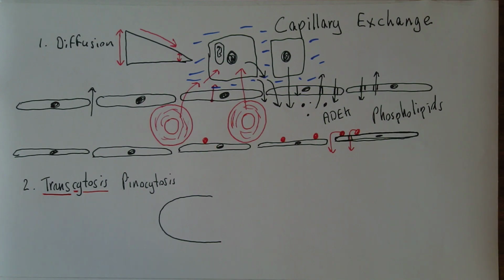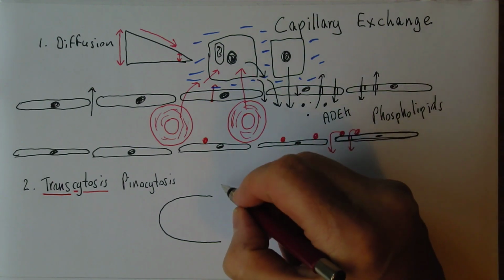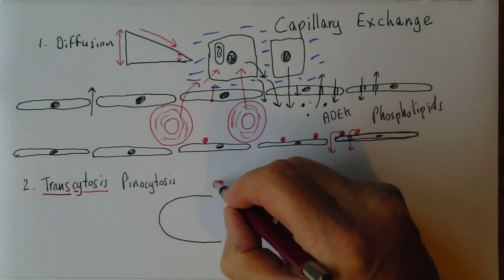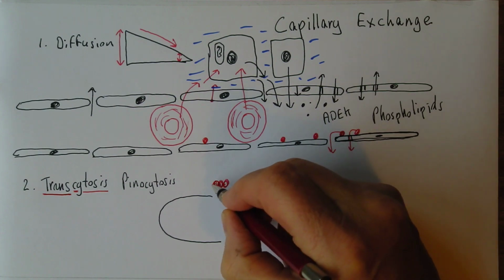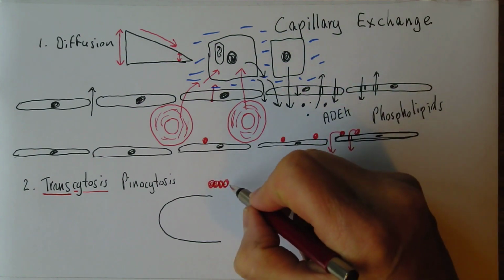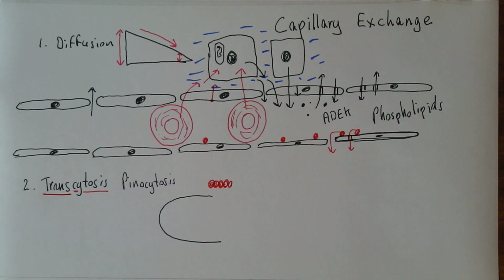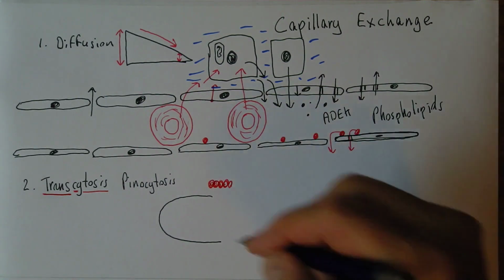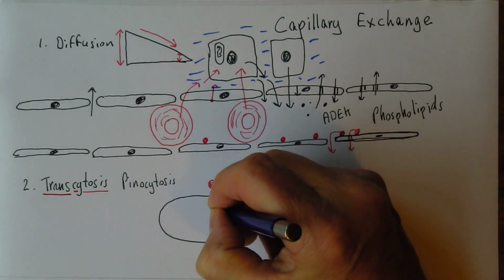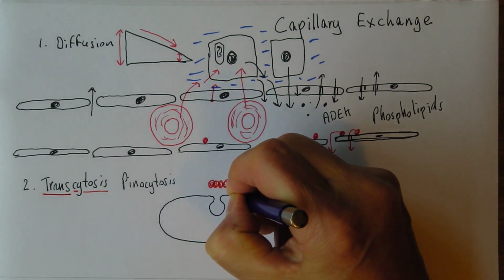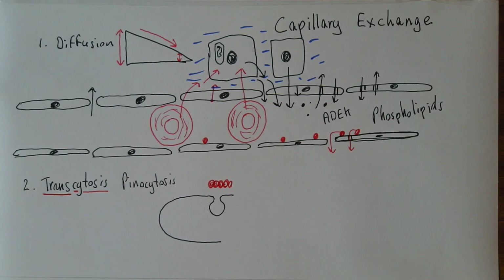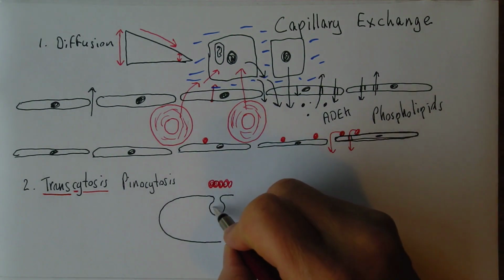But larger molecules need to go through the cell. So the larger molecules arrive on one side of the cell membrane. Doesn't matter which it is. This can be from the blood to the tissue fluids, or from the tissue fluid into the blood. And the cell forms a little indentation like this in the membrane, and the material is kind of swallowed up, as it were, by the cell.